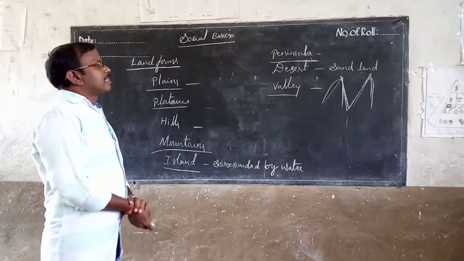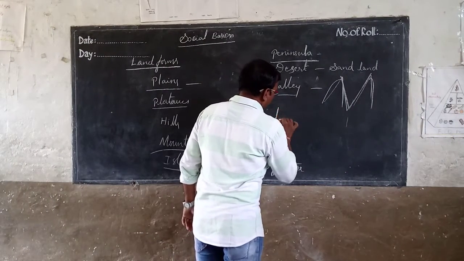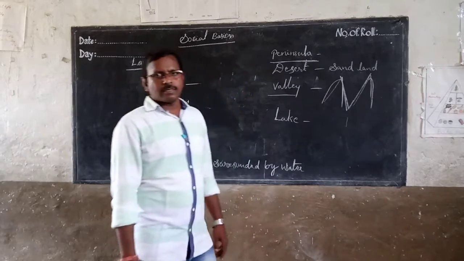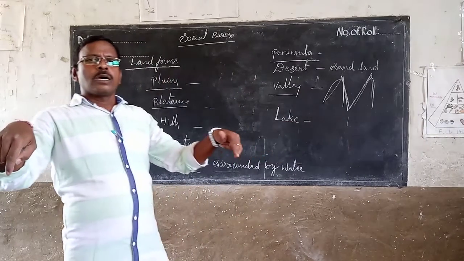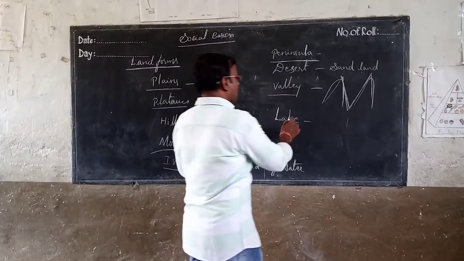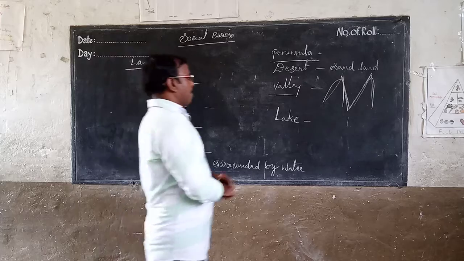Okay, and this is also a lake. A closed water body in the land is known as a lake. Next, bay.